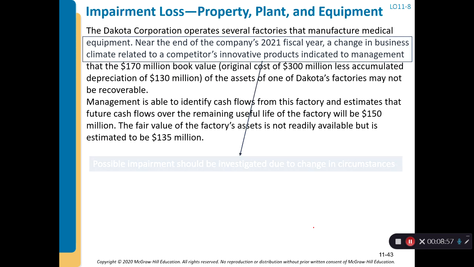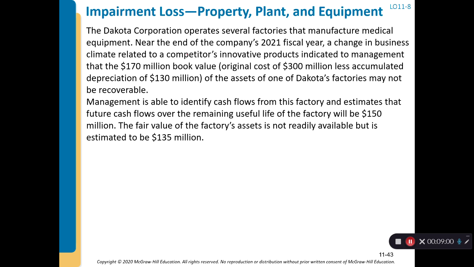Okay, so let's look at this example. The Dakota Corporation operates several factories that manufacture medical equipment. Near the end of the company's 2021 fiscal year, the change in business climate related to competitors' innovative products indicated to company management that the 170 million book value, which is the original 300 less accumulated depreciation of 130, of one of Dakota's factories might not be recoverable.